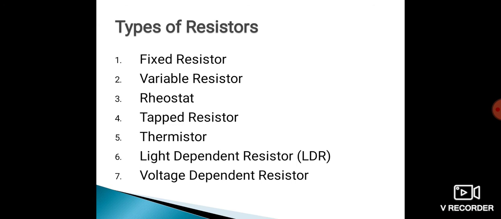If the applied voltage increases, then the value of that resistance will also increase, or in some material the value of resistance can decrease. So this was the introduction part for the 5 resistances that are not in our syllabus. Now we will see our syllabus topic, that is fixed resistors and variable resistors.